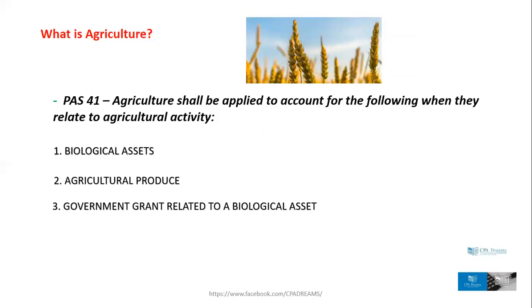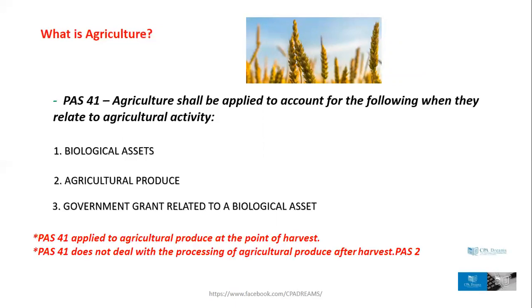Again, there is a note here. PAS 41 applies to agricultural produce at the point of harvest. So meaning there is no transformation yet. These are raw. So at the time of harvest, there are no changes yet involved in any manufacturing processes.